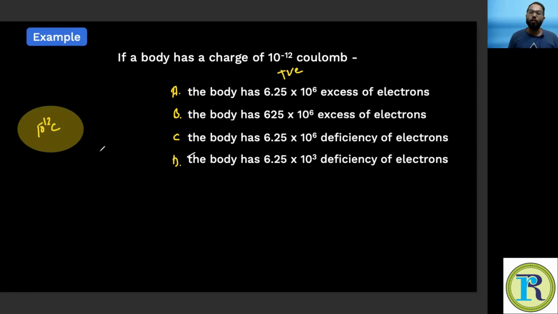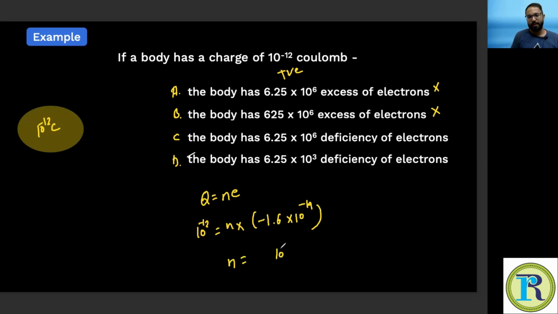It means it has lost its electrons. Now, if it has lost its electrons, we can remove the first two options directly. Now we can use that property again, that charge is quantized. So the total charge is 10 raised to power minus 12, and it is n times the charge of 1 electron, that is minus 1.6 into 10 raised to power minus 19. So the value of n will be 10 raised to power minus 12 divided by 1.6 into 10 raised to power minus 19.